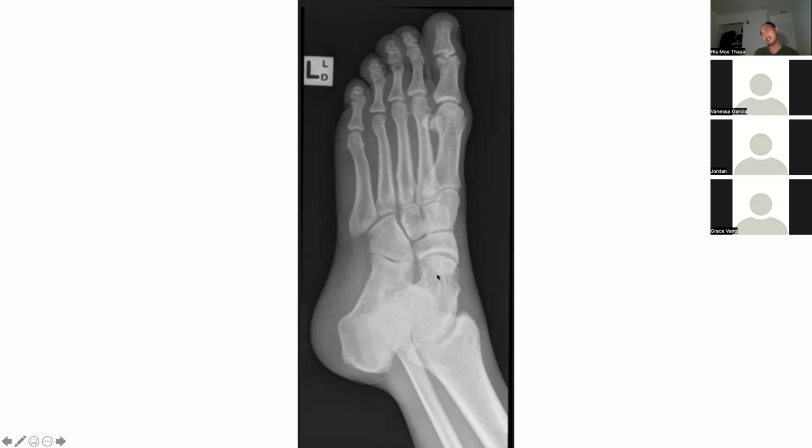Of course, that's the talus. So on this view of the foot, we can see nearly every bone in our foot. And these are the metatarsals, and you can see the small little phalanges here.